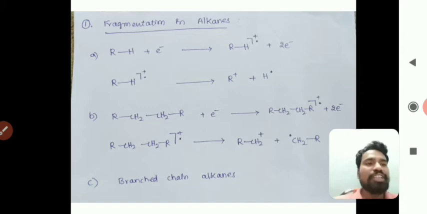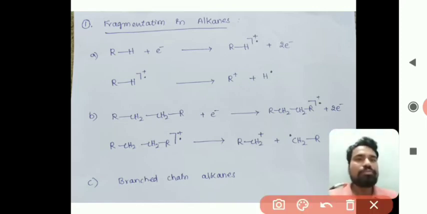The second is long chain alkanes, meaning hexane, heptane, octane, nonane and so on, which have a large number of carbons, a long chain. And the third is branched chain alkanes, which are alkanes having different branches, methyl branch or ethyl branch, depending on the structure of the molecule.